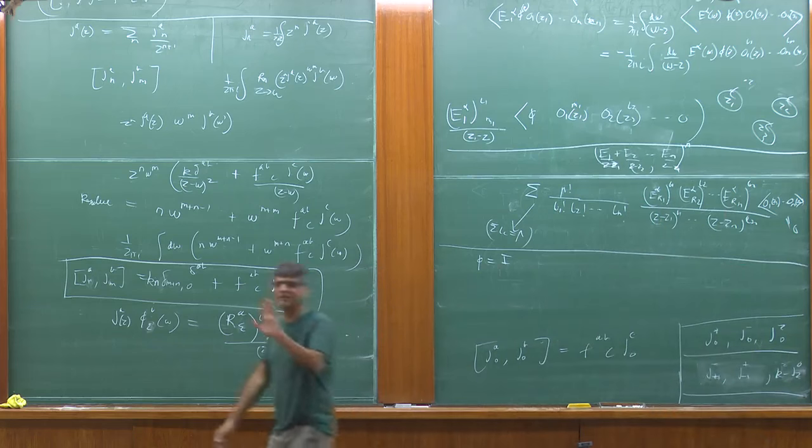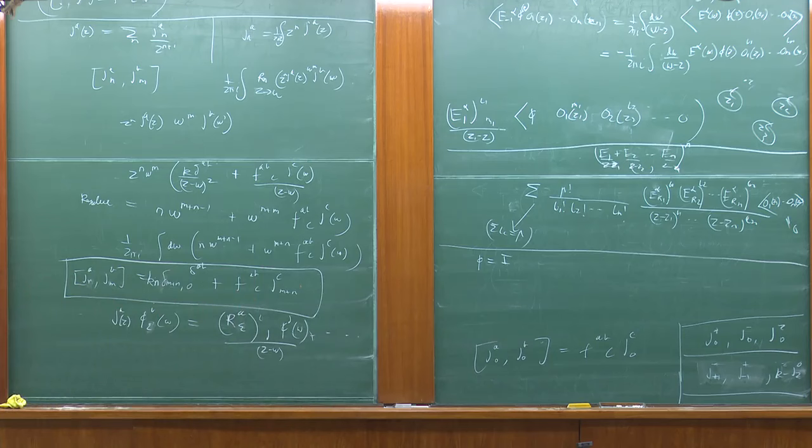I'm trying to think of a clever way of making that argument. Meaning that independently they have to vanish, not just the sum over L1, but each term has to vanish. It's basically very clear because there's an infinite number of equations here, because it has to work for all Z.